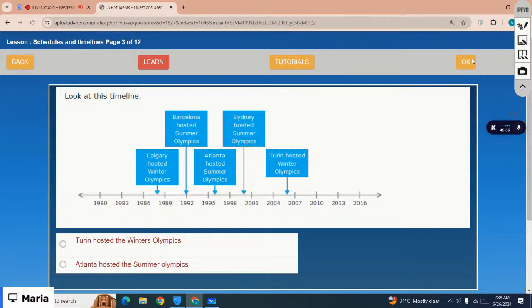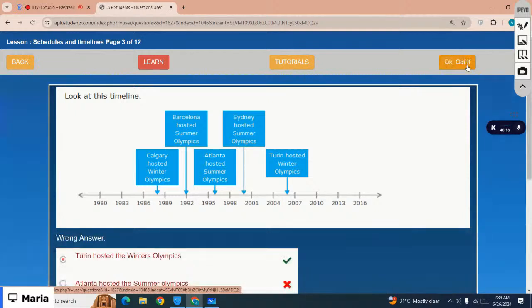The correct option is, yes, that's option number. No, Atlanta hosted the Summer Olympics. Here it is. Atlanta hosted the. But the question is not complete, right?